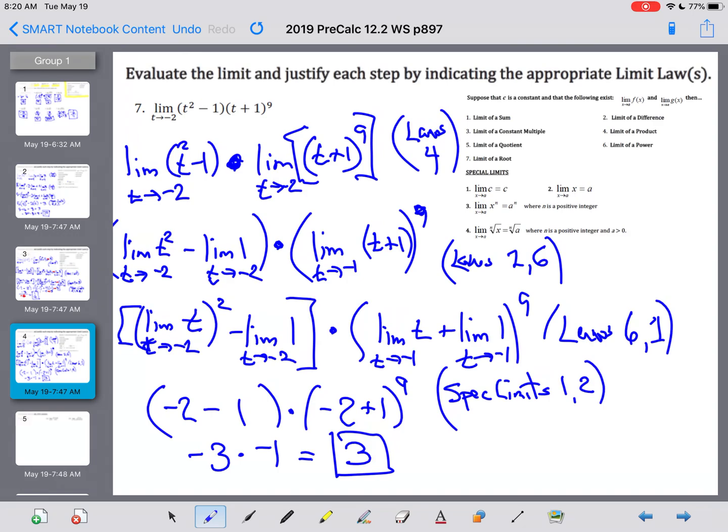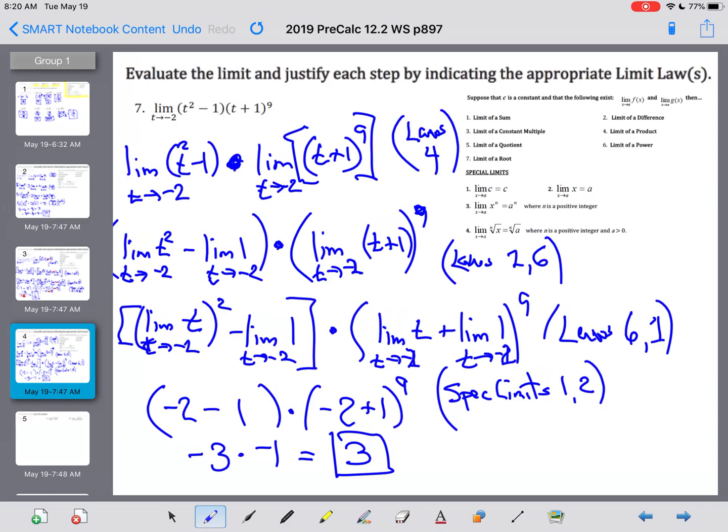Okay, now let me just double check. Oh, this is negative 2. These are all negative 2s. Oh, I kind of changed that here. Okay, here, so we have that plus 1 to the 9th.